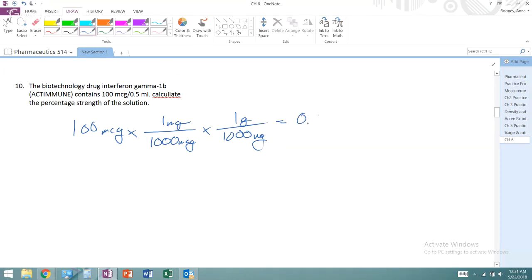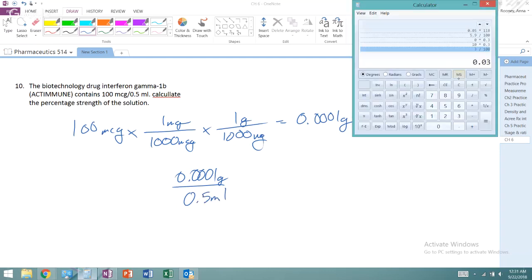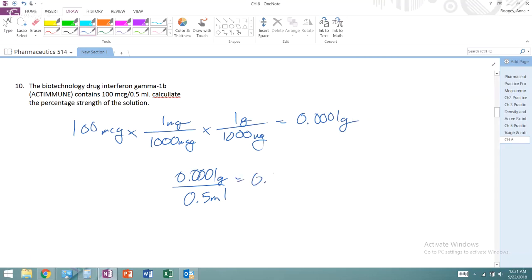And so that would equal 0.0001 grams. And then we take that over half a milliliter, which equals 0.0002, and then multiply it by 100 to find the percentage, and that is your percent strength of your solution.